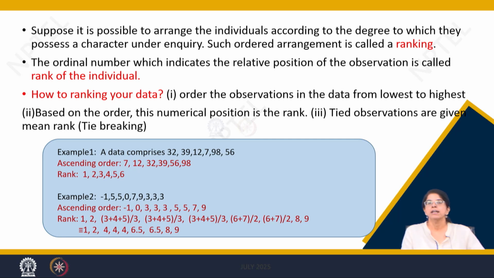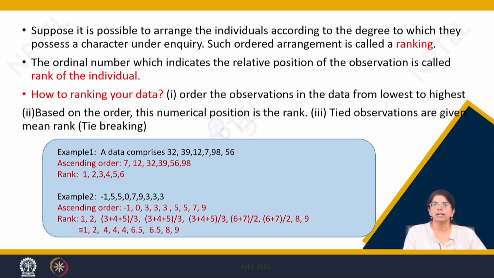Mark this point. Now, the ordinal number which indicates the relative position of the observation is called the rank of the individual. So, how to rank your data? Order the observations in the data from lowest to highest. I told you that generally in statistics, ordering is done in ascending order, from lowest to highest. Based on the order, this numerical position is the rank of that particular observation.